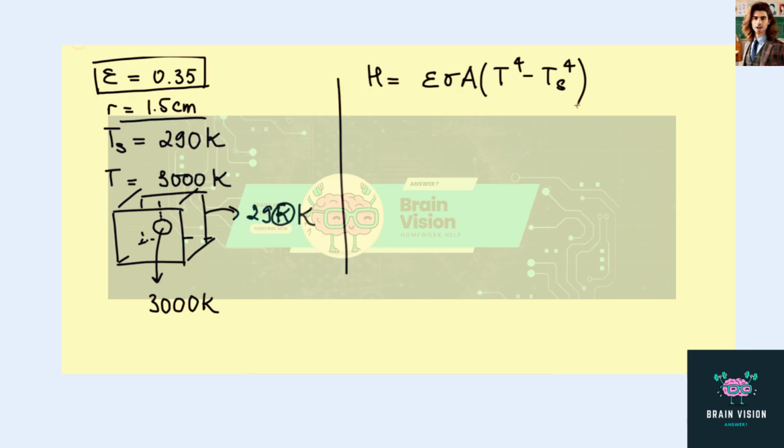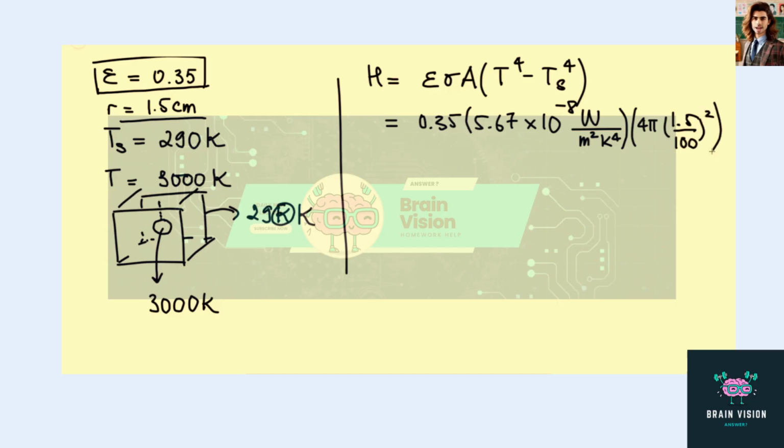And so we simply just plug numbers. 0.35 times the value of the Stefan Boltzmann constant, 5.67 times 10 to the negative 8 watts per meter square Kelvin to the fourth, multiplied by the area of the sphere, which is 4 pi times 1.5 divided by 100 squared, times 3000 to the fourth minus 290 to the fourth.